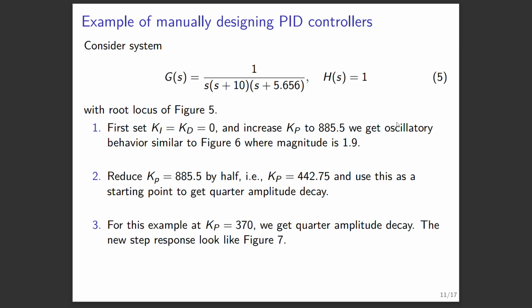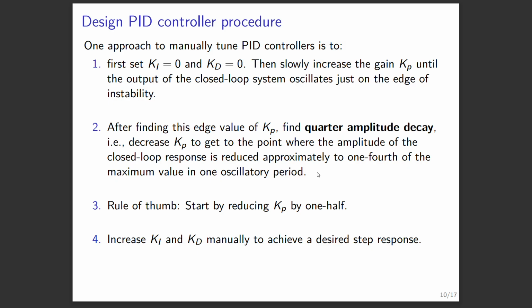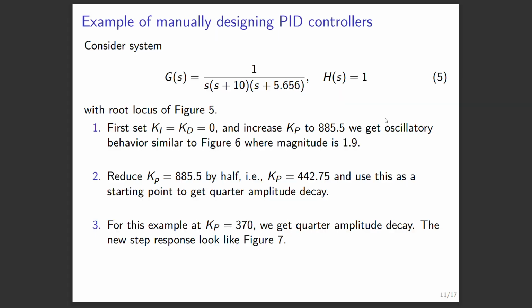Now, when I find that value of Kp, I want to find the value that gives me what we call the quarter amplitude decay behavior. The value for this example is 370. If we start searching, we find 370 as Kp gives us the quarter amplitude decay.